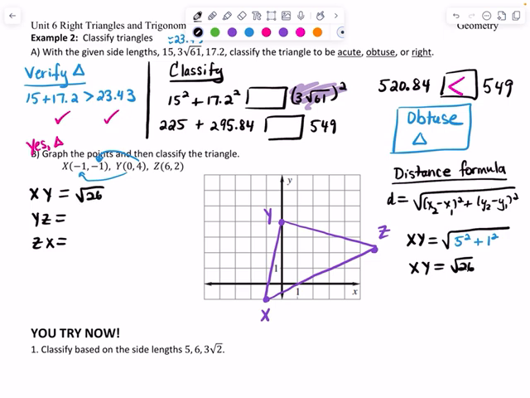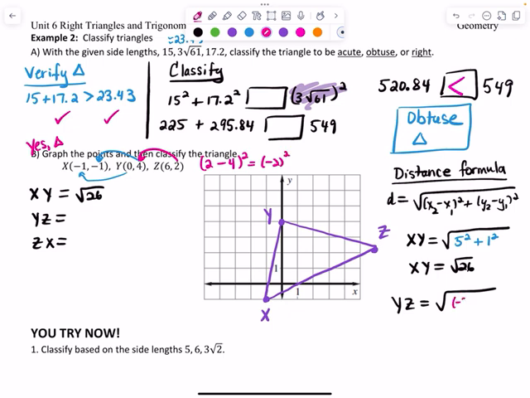I'm going to do the same thing for yz and then just write the answer down for the other one. So yz, I'm going to do 2 minus 4, which is -2. And then -2 squared is 4. So I'm doing yz. Remember I'm doing 2 minus 4 quantity squared is -2 squared, which is a 4.